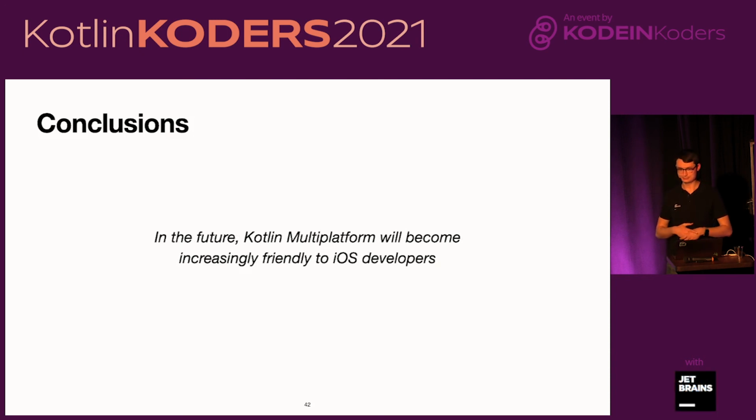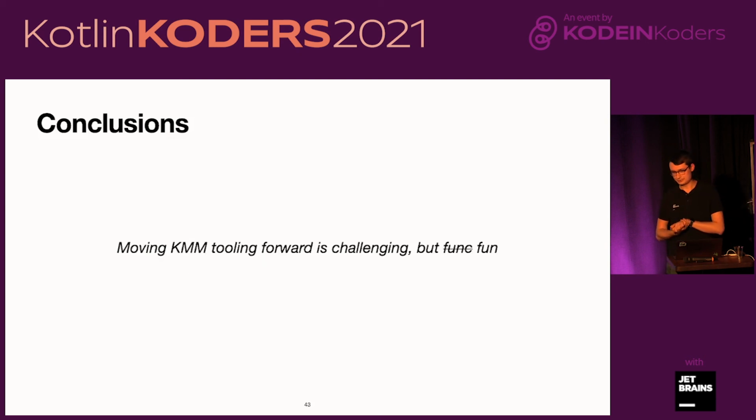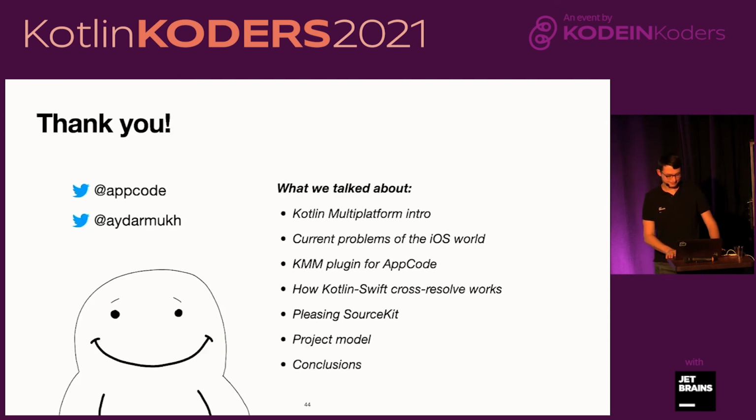So if you have some fears or you think that it will be hard to convince iOS developers to move into Kotlin Multiplatform, it will become a bit easier, I hope. And developing all this stuff is very hard. But it's very interesting. Thank you very much. That was all.